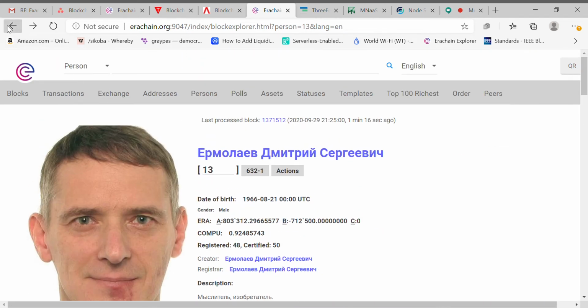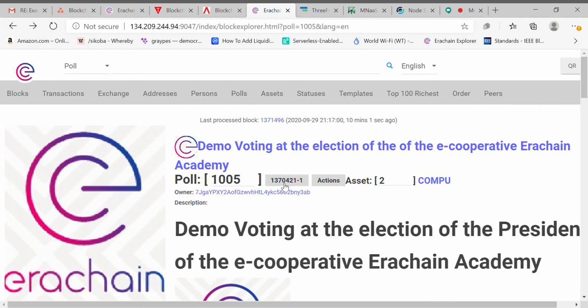Now, we come back to how the voting system operates on Erachain. It uses two aspects. One is the Era token, which essentially allows you to access the system and utilize it for voting purposes. And then Compu is essentially to execute the transaction.